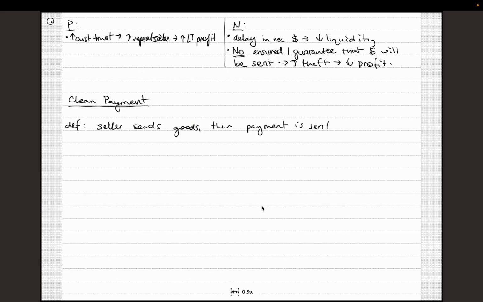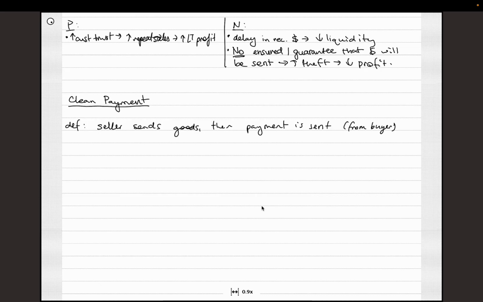So there's no banks involved. I'm sending it straight to the buyer. And that's it. And there's no one guaranteeing it that I'll receive my payment. There's no one holding on to the items in between. It's just a clean payment.